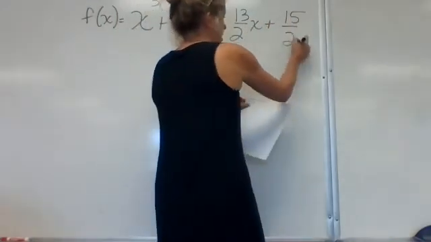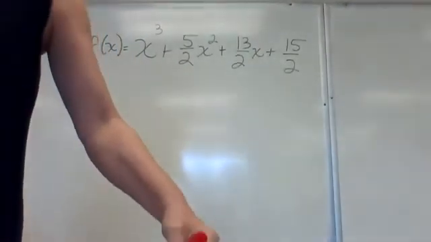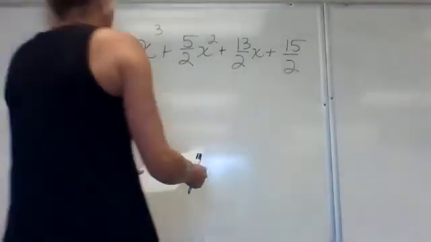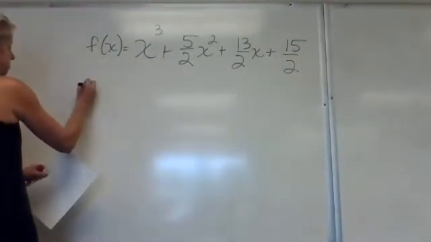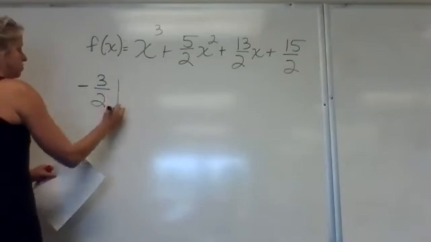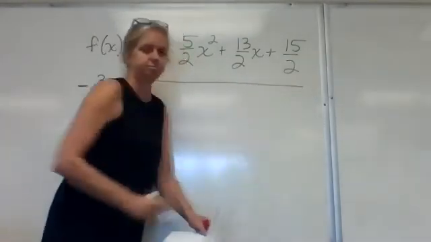All right, so they threw some fractions in here, and I am finding, is negative 3 halves a 0 of this function? So we're using negative 3 halves on the outside here.